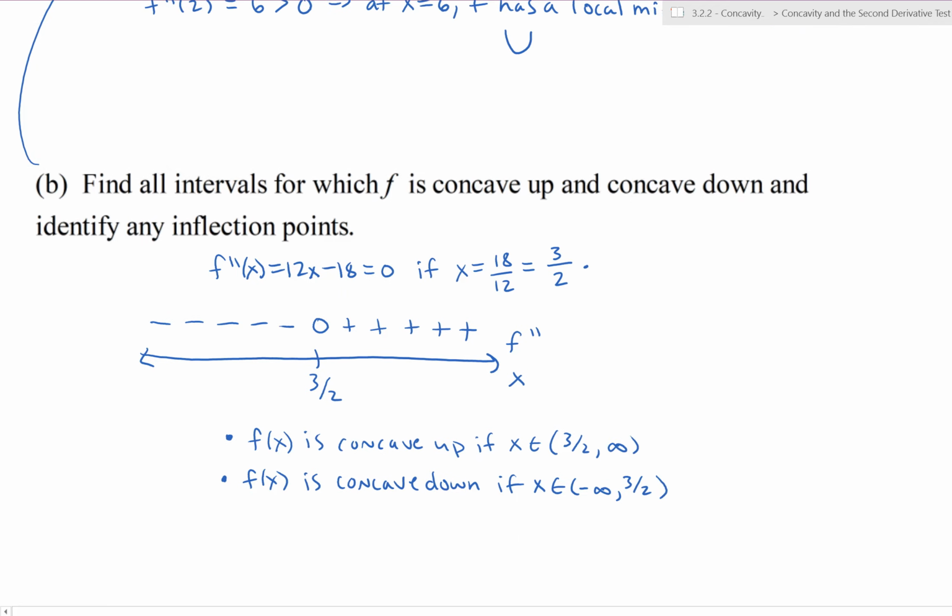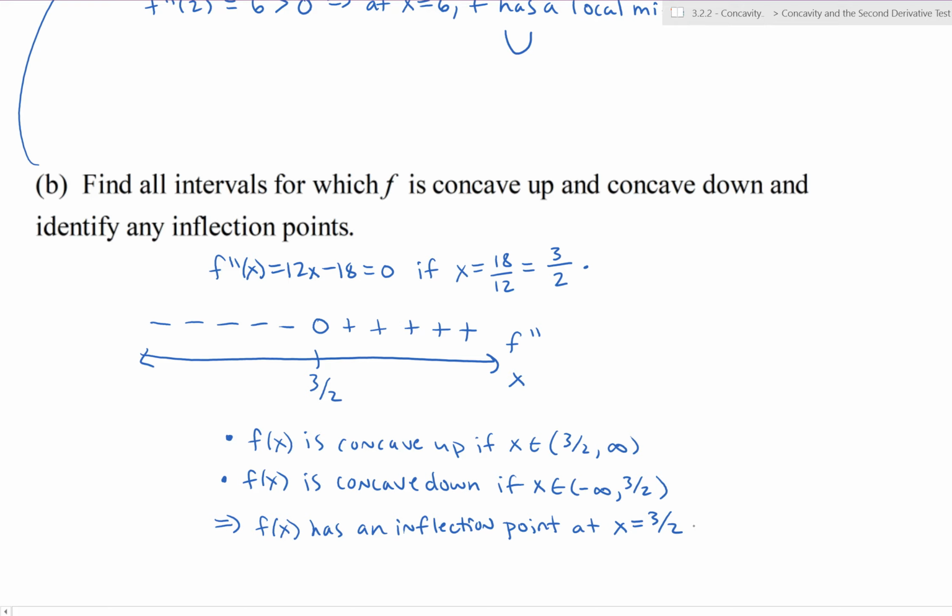And then finally, because the second derivative changes from negative to positive at this location, it also follows that the function f of x has an inflection point at x equal to 3/2. And there you have it.